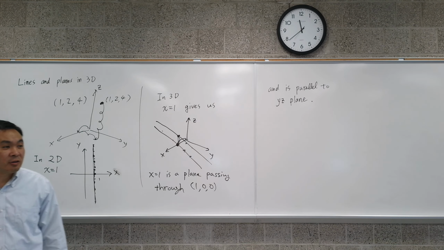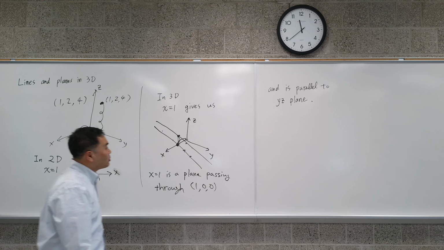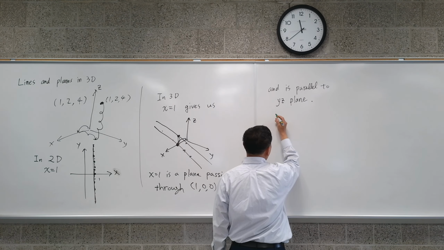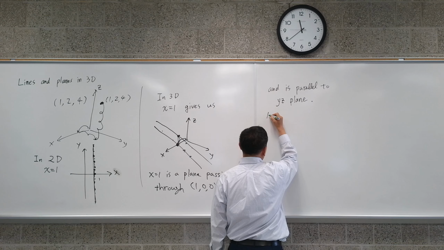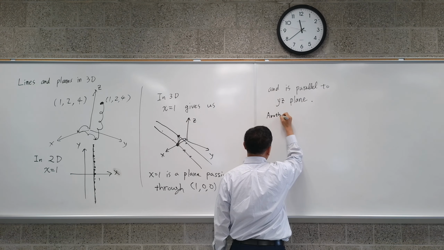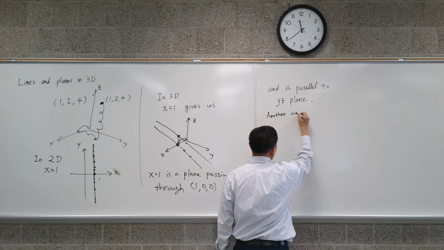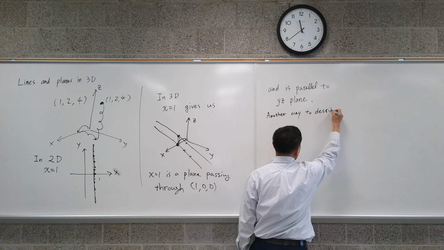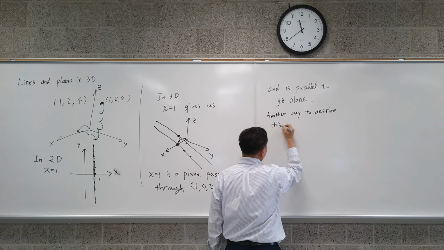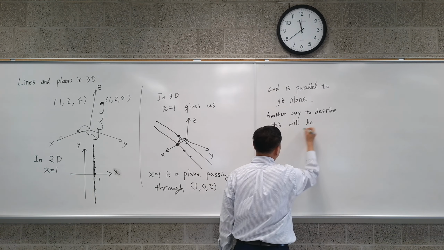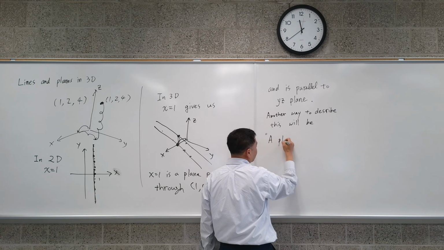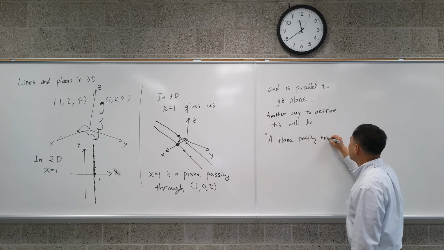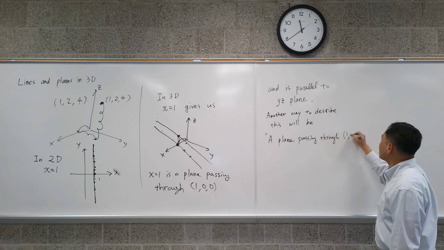Yet another perfectly okay way to say it, another way to describe this, will be a plane passing through 1, 0, 0.